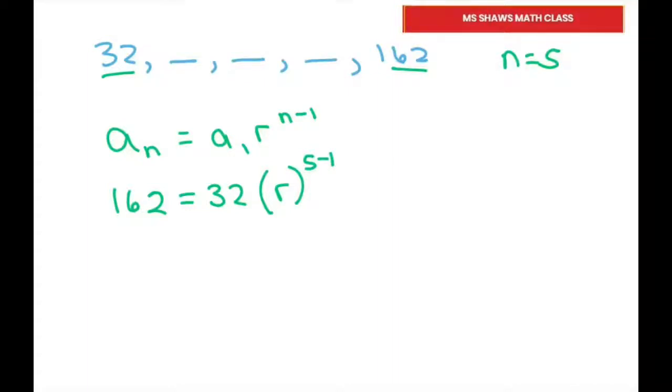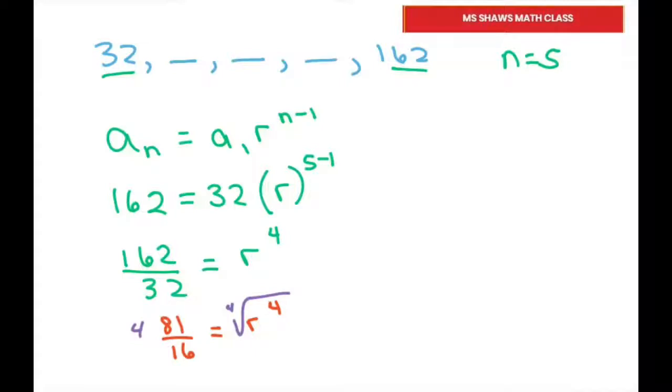Now if you divide both sides by 32, you get this. And you divide both of these by 2, you get 81 divided by 16 equals r to the fourth. Now what we're going to do to solve for r is take the fourth root of both sides.